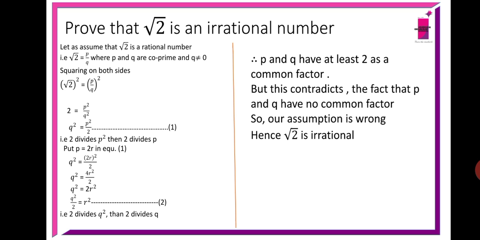But according to our assumption, P and Q are co-primes. Co-primes means they do not have a common factor other than 1. But here in this proof, we got 2 as a common factor. This contradicts the fact that P and Q have no common factors.